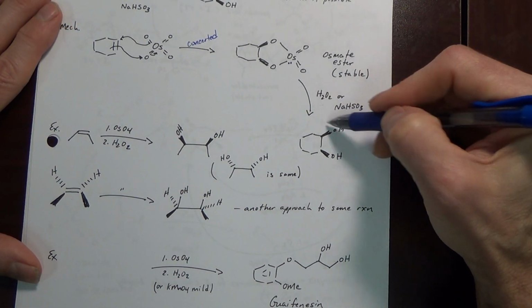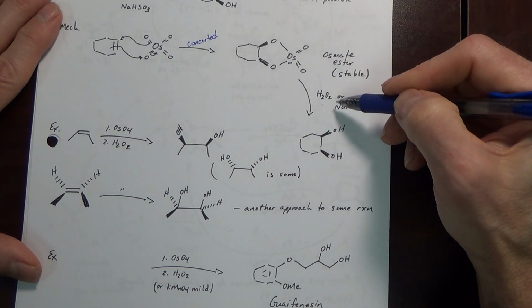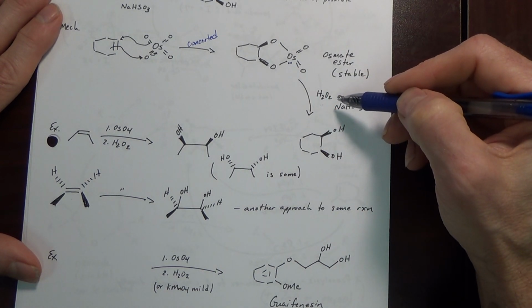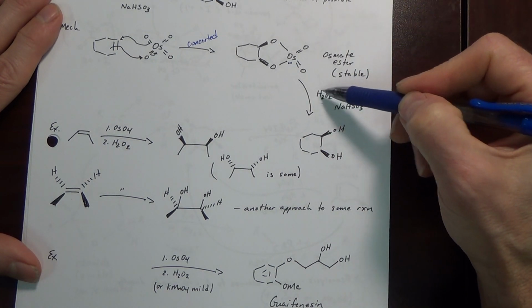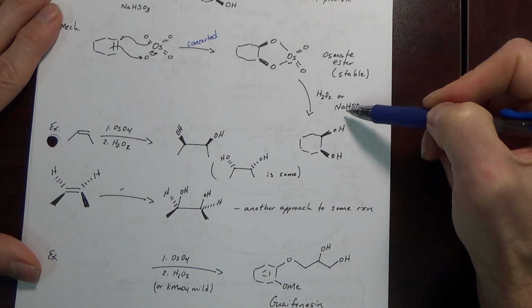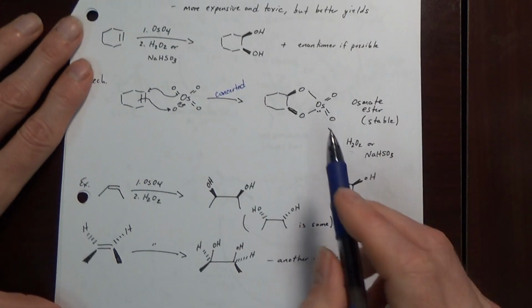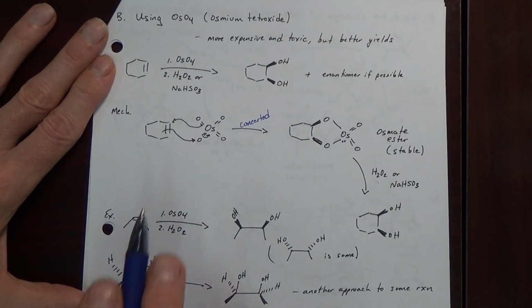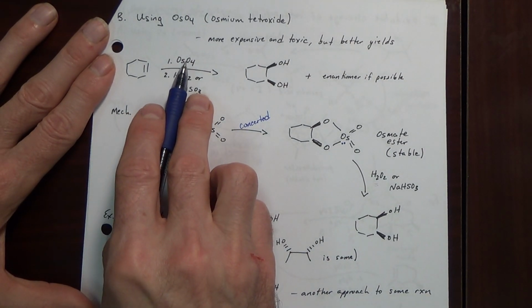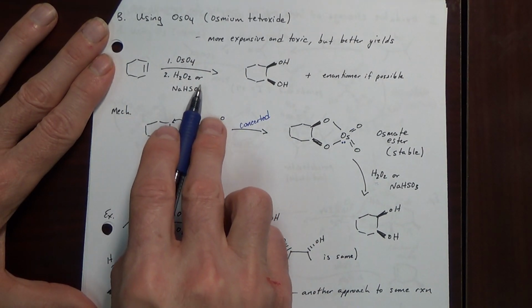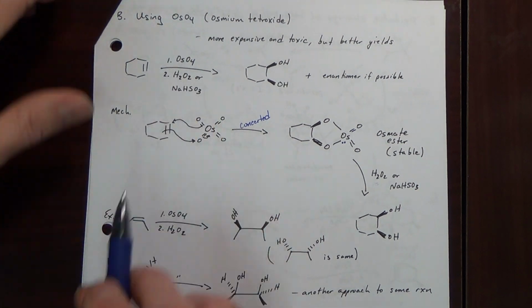Now again, we're not going to look at mechanism for this. Actually, one is an oxidation, one's a reduction. So it's two different mechanisms. Now this is a two-step reaction. We first make the osmate ester, then we come in with a cleavage step.